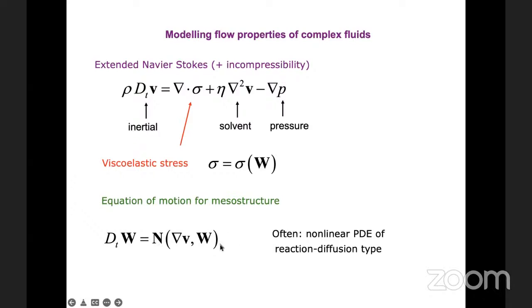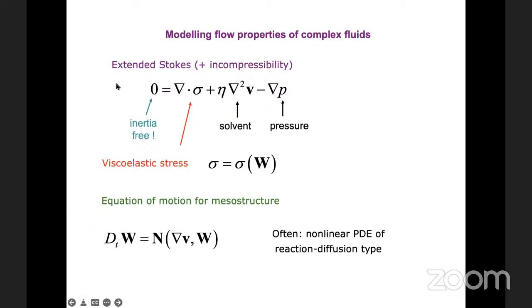If you want to think of n as being local, you could add a diffusion term on here that goes as some diffusion coefficient times grad squared W on the end, for example. Now, for those of us who are used to thinking about inertial instabilities like conventional Reynolds turbulence in a conventional simple fluid, there's just one more mental change of mindset to make, which is that the inertial term, the mass times acceleration term, typically is small for the flows of complex fluids that we're interested in.